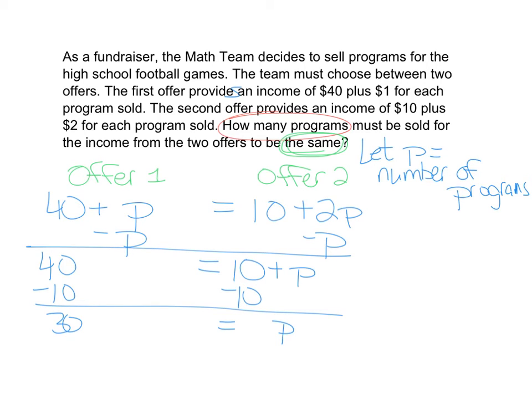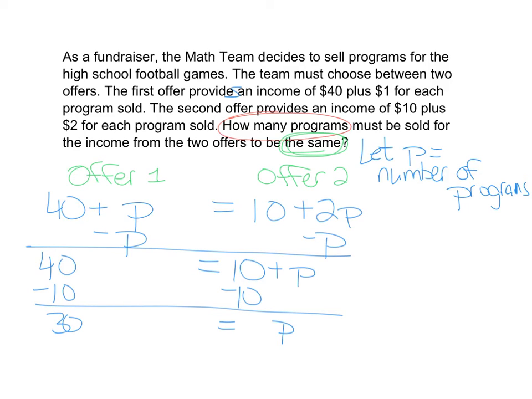Now what does this mean? We need to write a complete sentence that makes sense. So think about how you would word this. We were trying to answer the question, how many programs must be sold for the income from the two offers to be the same? So you write a sentence you think makes sense. I'll write a sentence I might say.